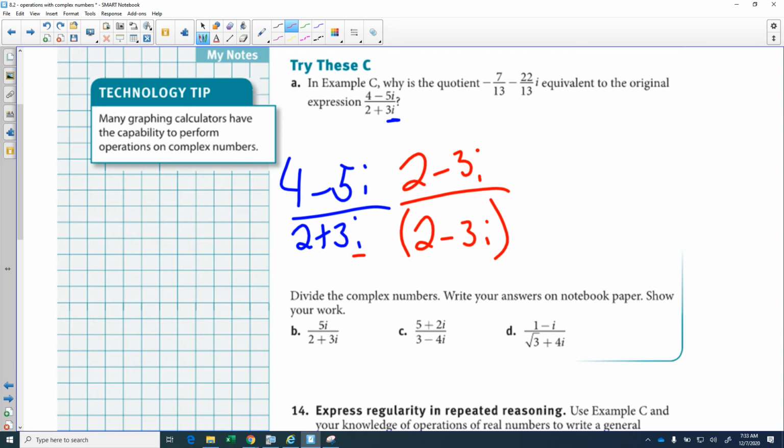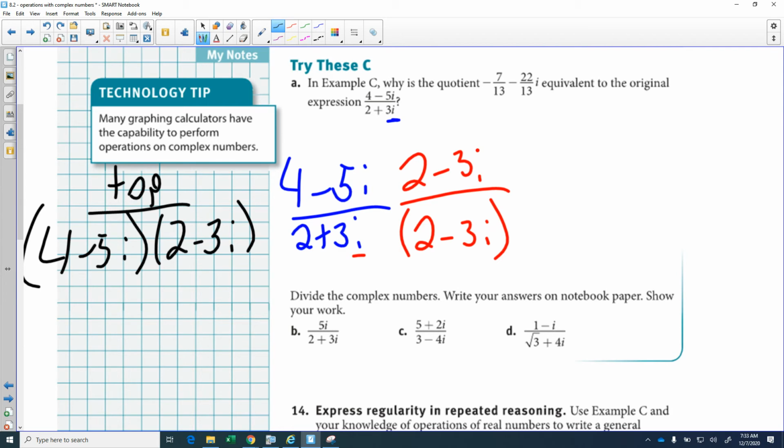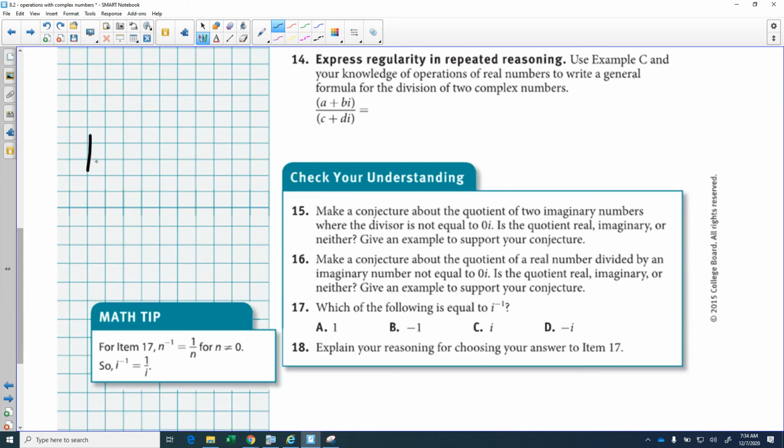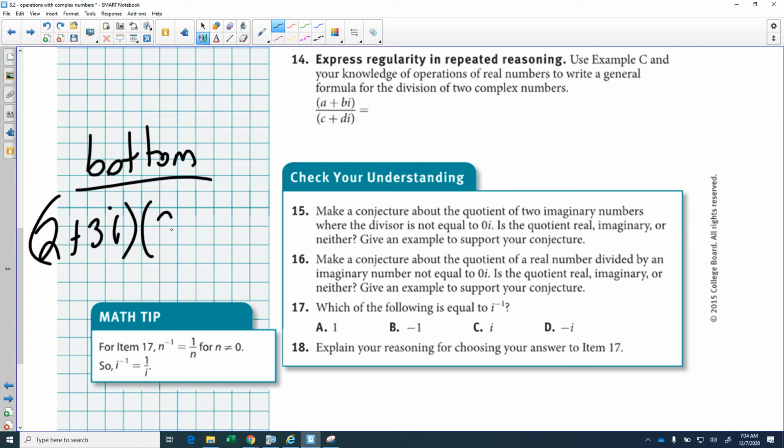This becomes basically a two-step problem. I have to multiply the top, which is 4 minus 5i times 2 minus 3i, and I have to multiply the bottom, which is 2 plus 3i times 2 minus 3i.